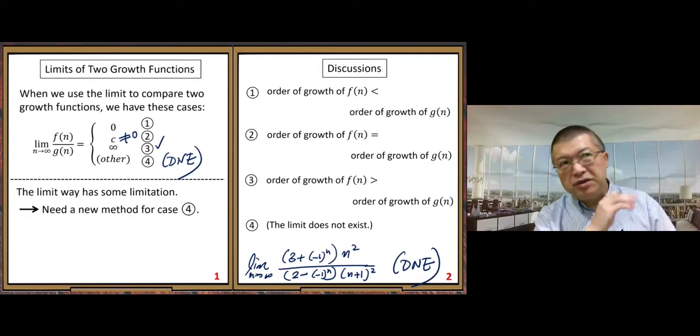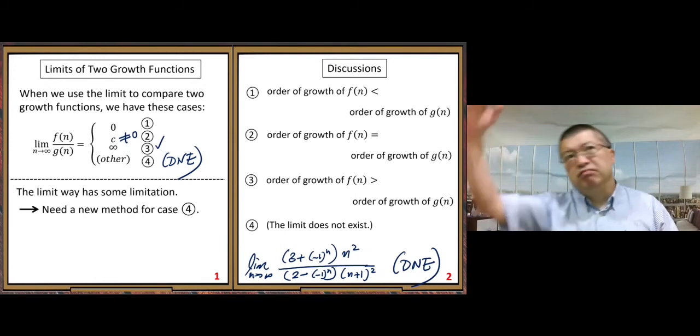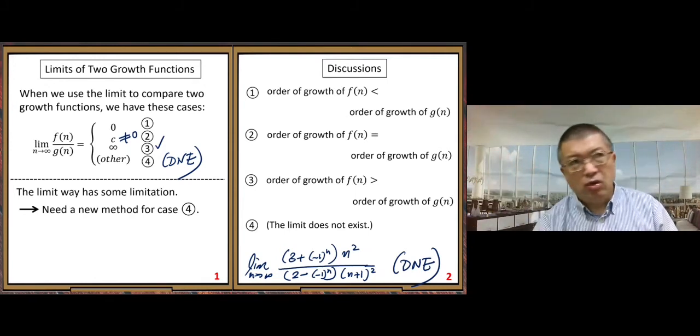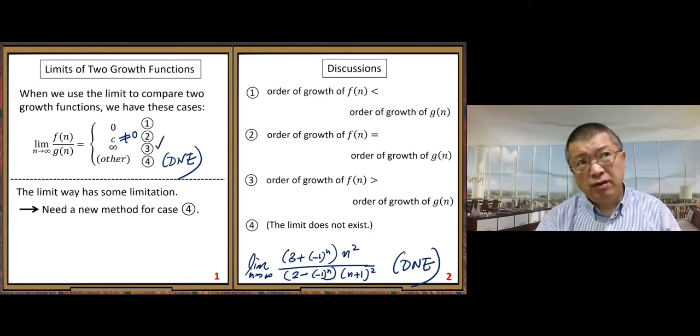But under this situation, we can still compare these two growth functions. Which one has the higher growth order, which one has the smaller order of growth? We can still compare.